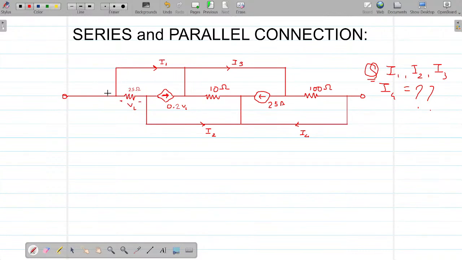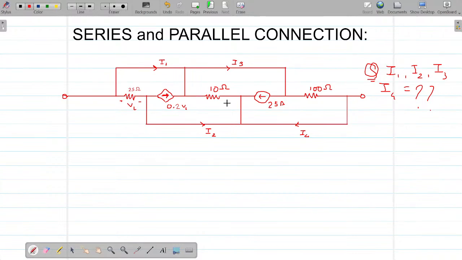If you look closely, the current in any two elements is not the same. A branch of current breaks here, then come to this point, another current division, come to this point, another division. So there are no two elements which have the same current flowing, so there is no element in series in this question.